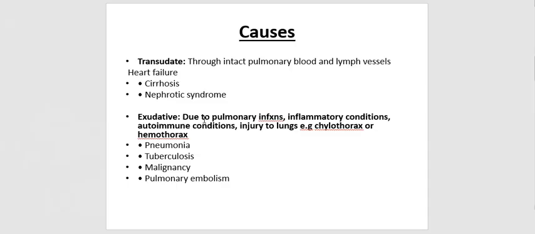Remember, in transudate, we said it has to be through intact pulmonary blood and lymph vessels, but here there's a compromise. You can see we're talking about infections, inflammatory conditions, and things like injury. So cases where you're going to see exudative pleural effusion may include pneumonia, tuberculosis, malignancies, and pulmonary embolism.